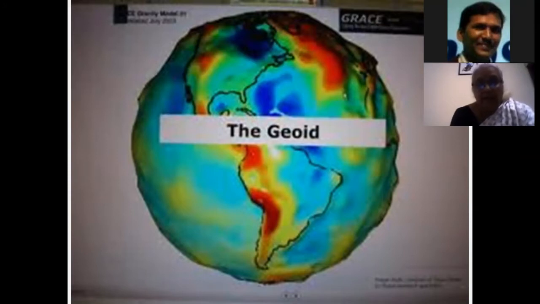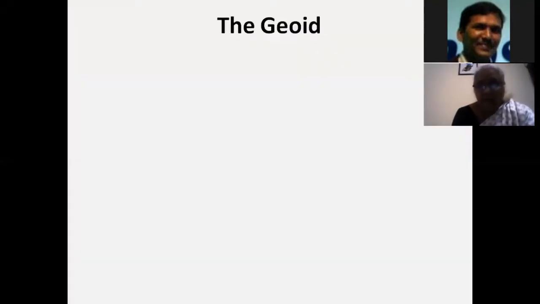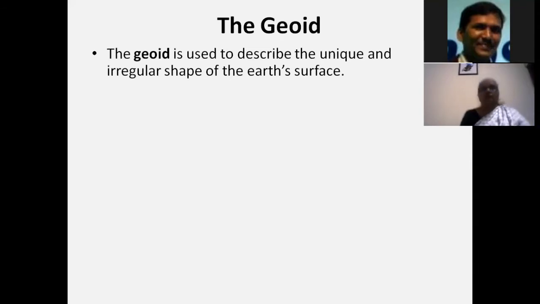If you take out all the water, the word geoid is only used to show the shape of the earth with reference to the outer surface, not the rest of the earth. This is a common mistake in our books that say that geoid is the shape of the earth.